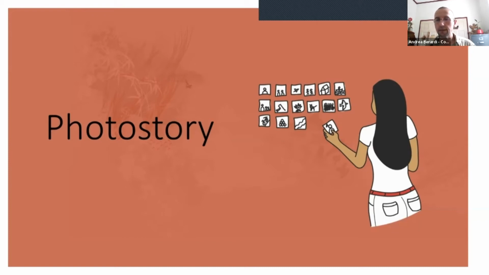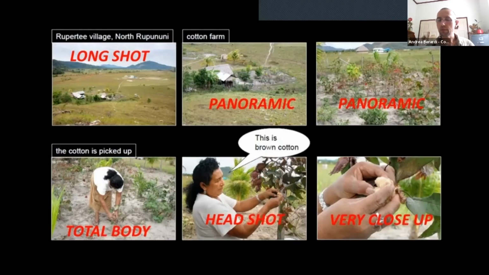But let's not start running before we can walk. Let's put together a photo story, which is essentially a collection of photographs that tell a story, right? So you storyboard your idea, you go out, you collect your photographs, and you weave them together. And here you can see, this is with the indigenous community that I work with here in Guyana.